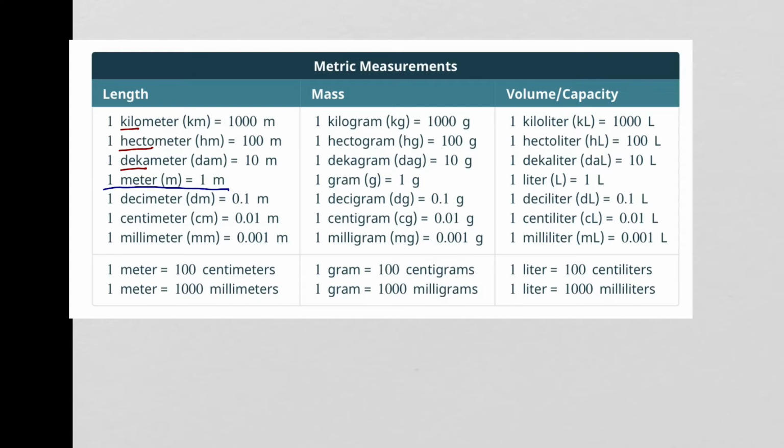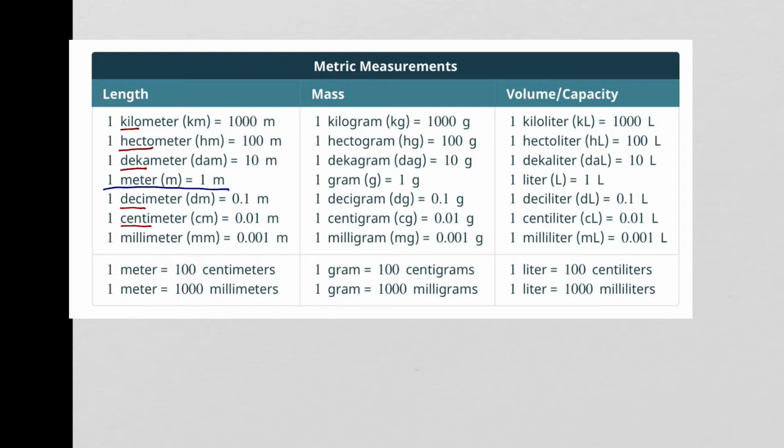And then going the other way, again, these are all powers of 10. If I want 1/10 of a meter or 0.1 meter, then that prefix is deci, like decimeter. If I want 1/100th of a meter, that's going to be centimeter. So 1 centimeter is 0.01 meters. Or you could also say 1 meter is 100 centimeters.